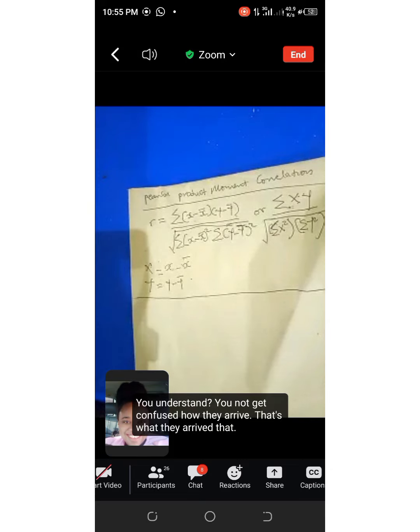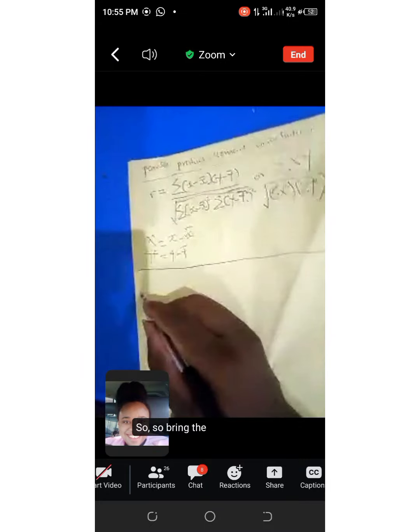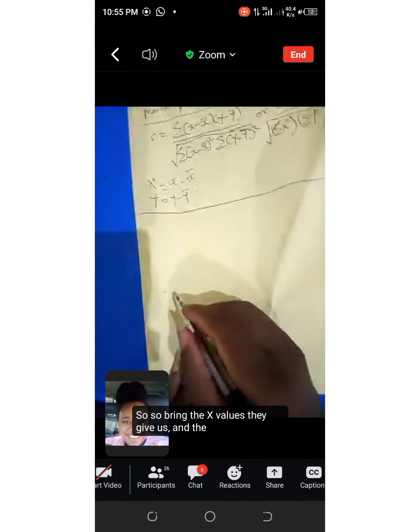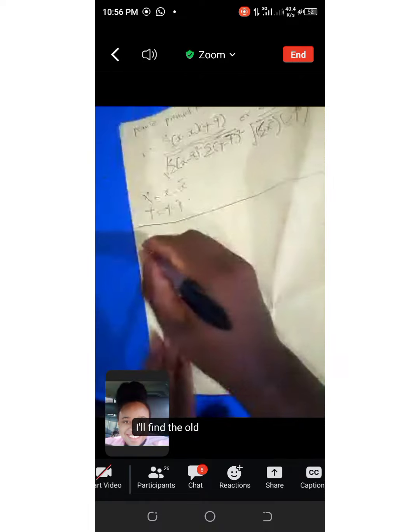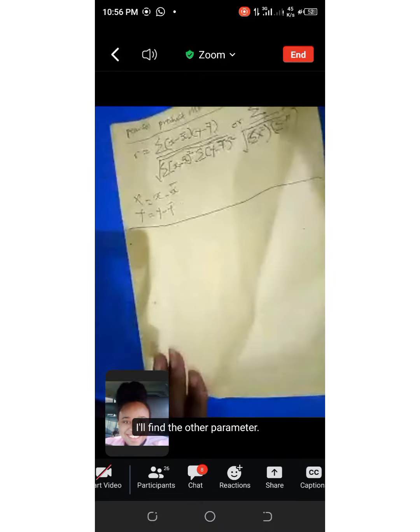So I'll bring the x values they gave us and the y values. I'll find the other parameters. So in the question, wait, let me just write it out.